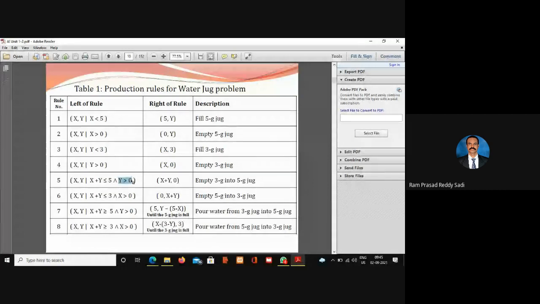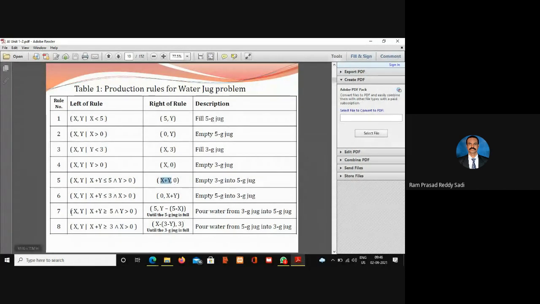You are pouring the water from the 3-gallon jug into the 5-gallon jug. Thereby the second jug is becoming empty and the first jug will have its initial water plus the water poured from the second jug. That is x plus y. That's the right side part of the rule.